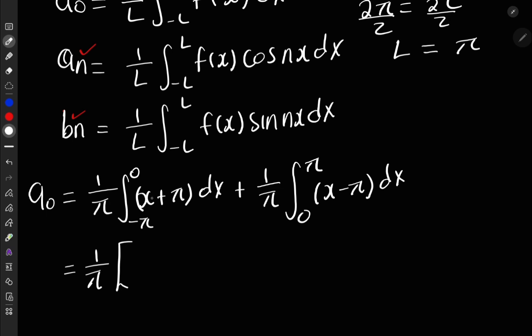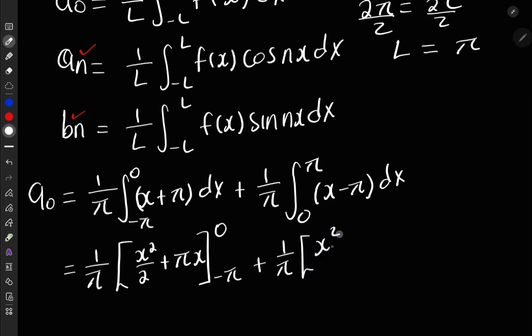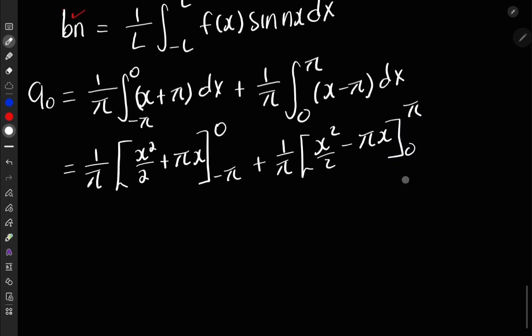Then 1 over pi into the integration of x, which is x squared over 2, plus the integration of pi, which will simply be pi x. Remember that it starts from negative pi to 0, plus 1 over pi, and this one is going to be x squared over 2 minus pi x, and it starts from 0 to pi.